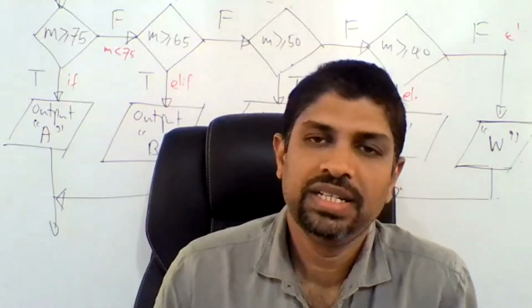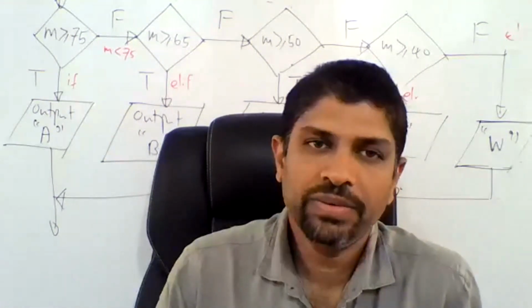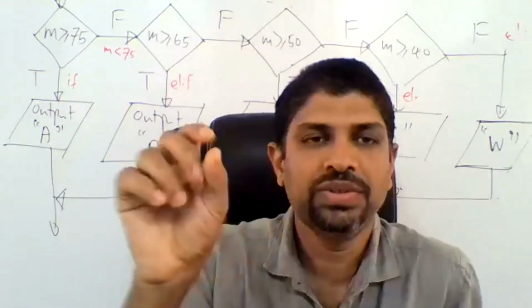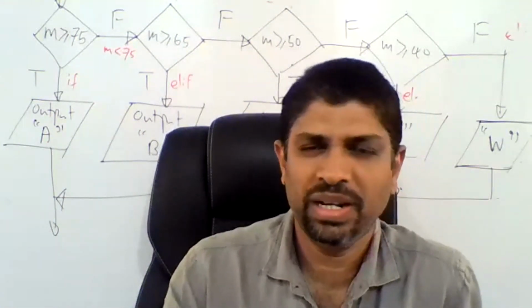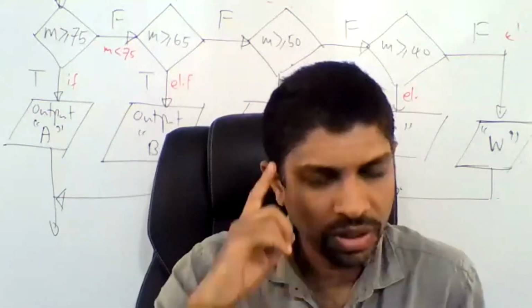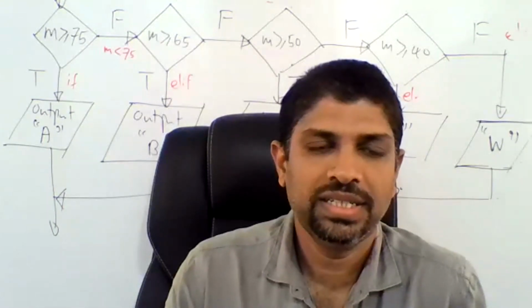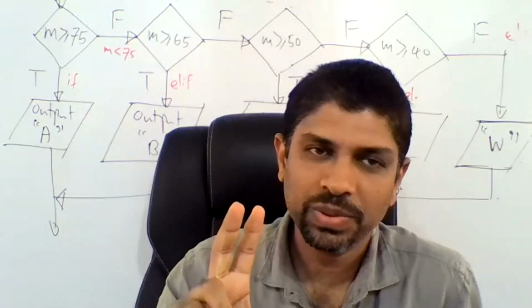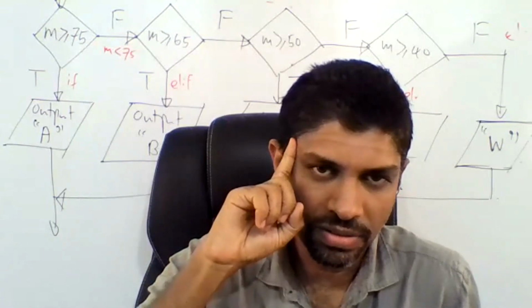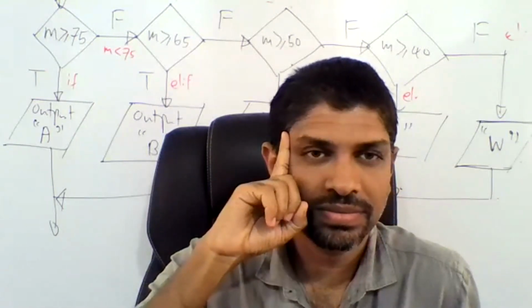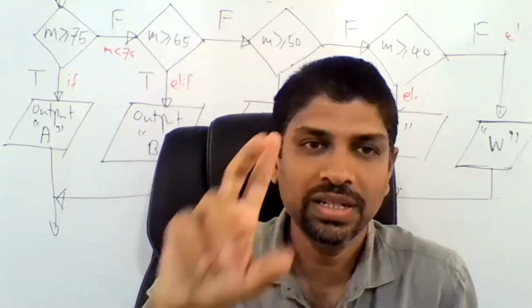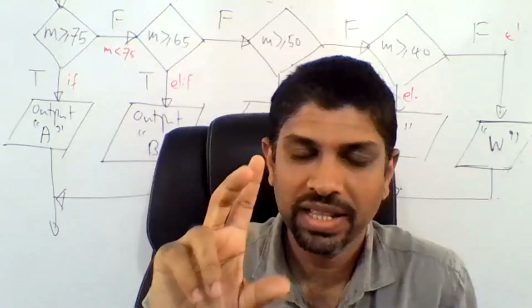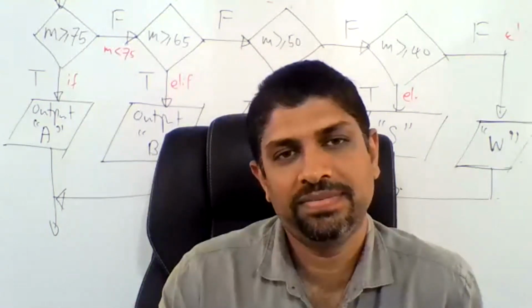For example, if I give you three numbers, definitely you can find the maximum of the three numbers by looking at them. You know how to do it, right? Now writing a computer program means you have to convert what you know into a way that the computer can understand.